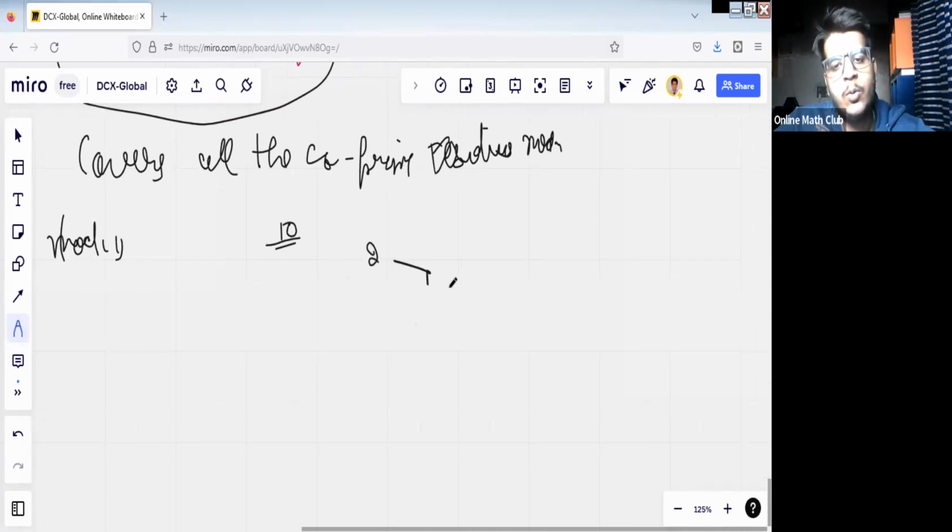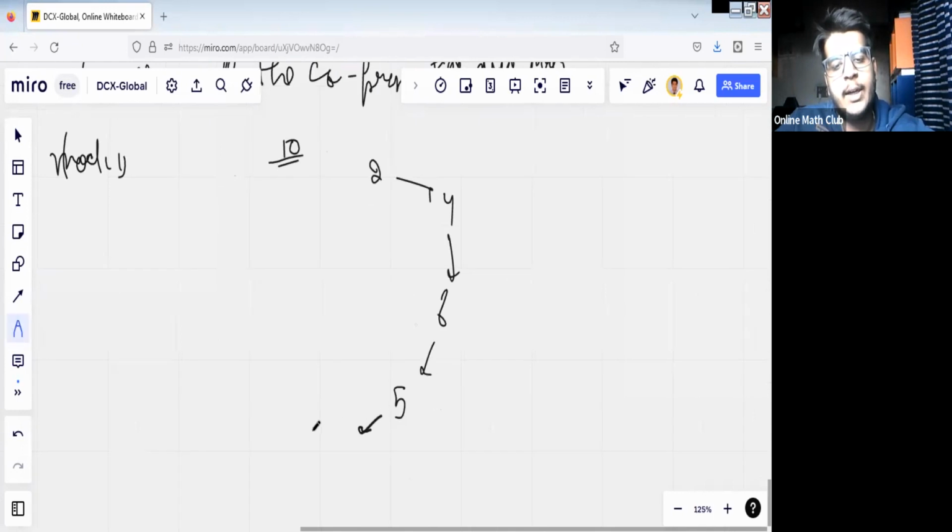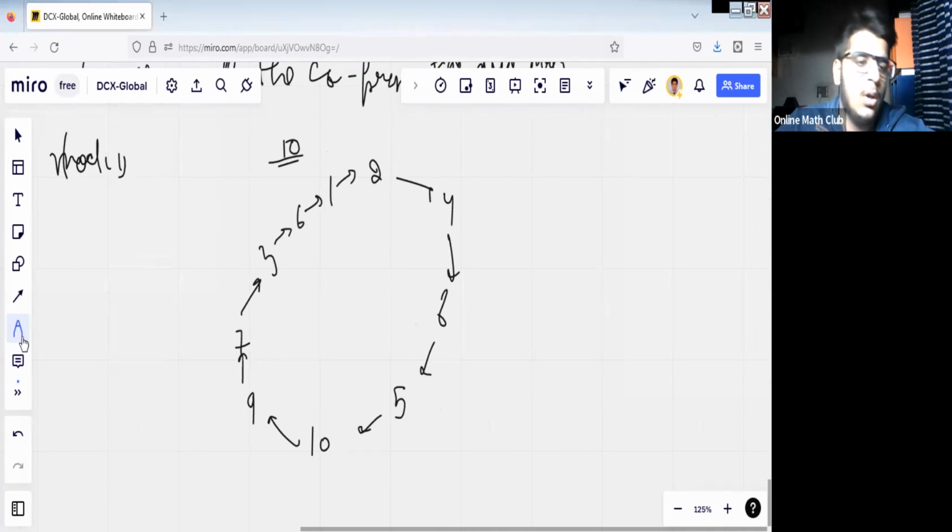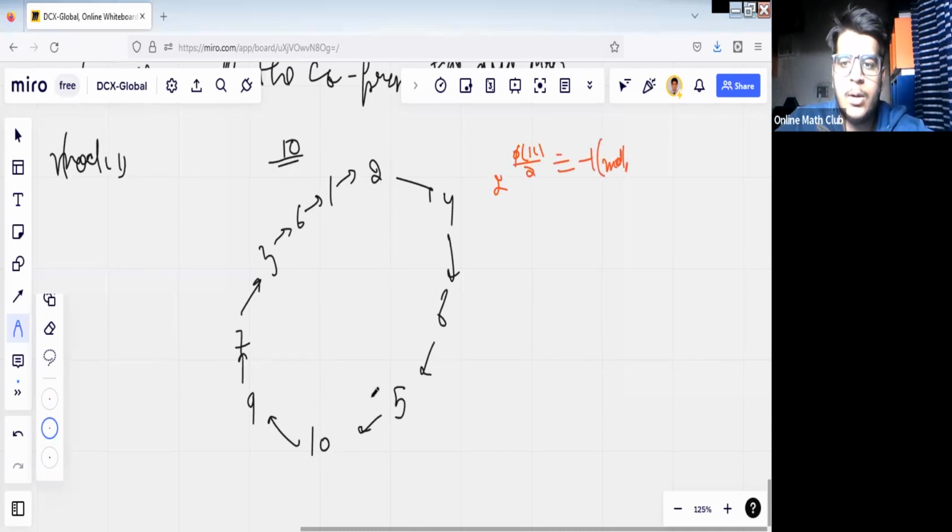So let's check: 2, 4, 8, 5, 10, then you get 9, 7, 3, 6, 1, 2. And notice that 2 to the power 5, like 2 to the power phi of 11 by 2, is minus 1 mod 11, the halfway point. So is it clear what the primitive roots are?